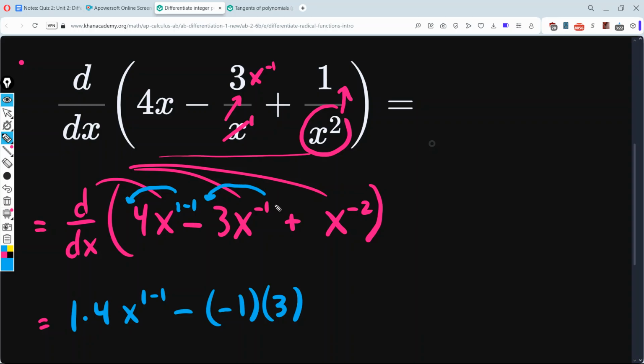And the exponent loses 1 power. So you just subtract 1 from the exponent, x to the negative 1 minus 1. And last one, we have a plus sign. You take that negative 2, you move it out front. So that's going to be negative 2 times x, and the new power is negative 2 minus 1.